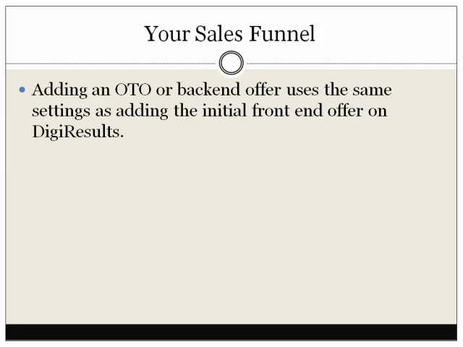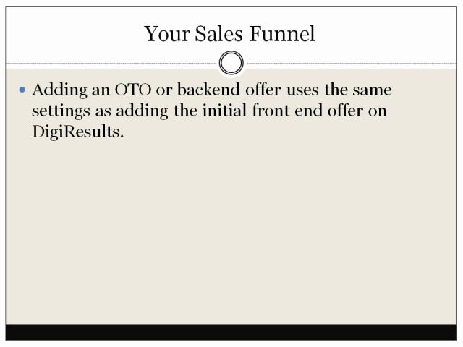So I want to get you to realize that adding a one-time offer or a back-end offer actually uses the same settings. So it's actually very, very easy to add a one-time offer or back-end offer. And it's actually the same as adding the initial front-end offer on Digi Results. So everything that I'm going to cover, the sales page, the thank you page, and the checklist basically is the same thing for the one-time offer and the back-end offers.